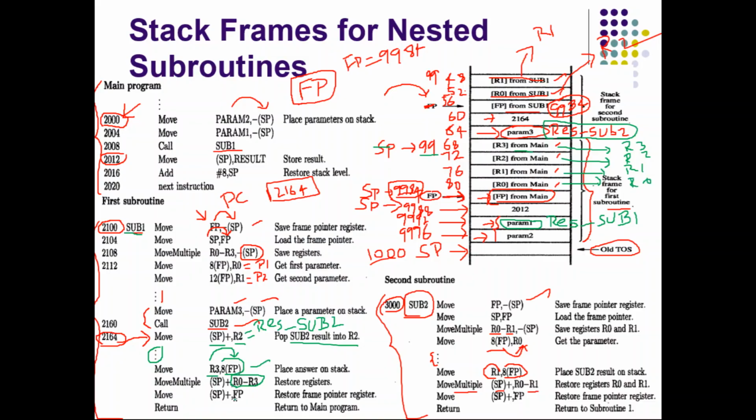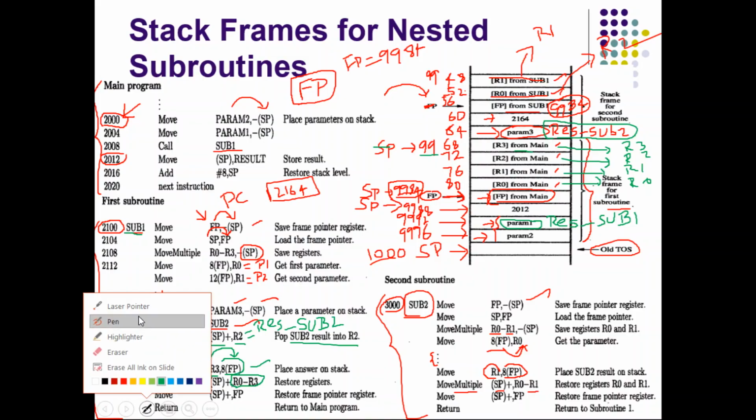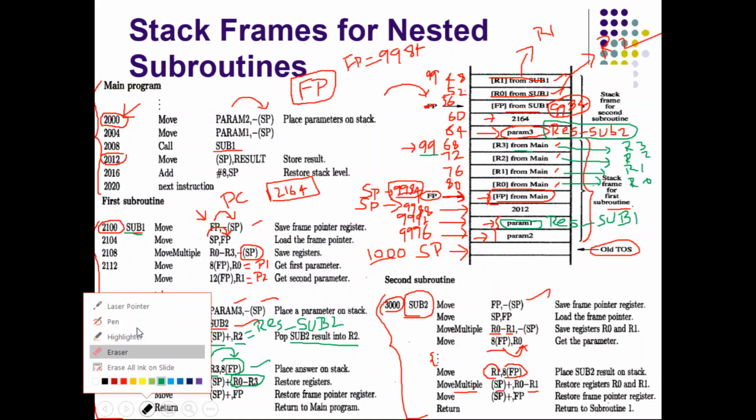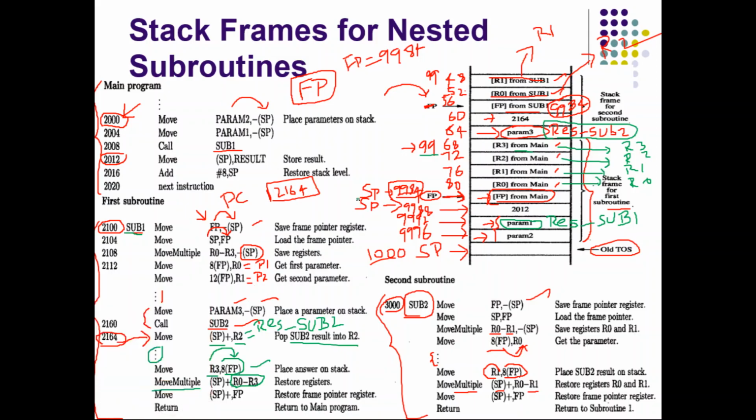Okay, so after performing this move multiple SP plus R0 to R3, once again SP will point to wherever FP is pointing, that is 9984. Currently SP and FP are both pointing to the same address, which is 9984.